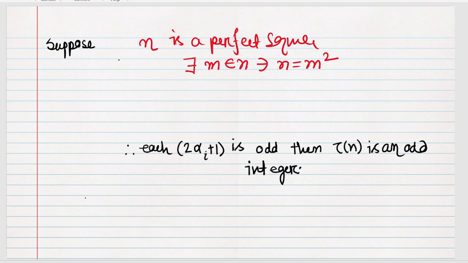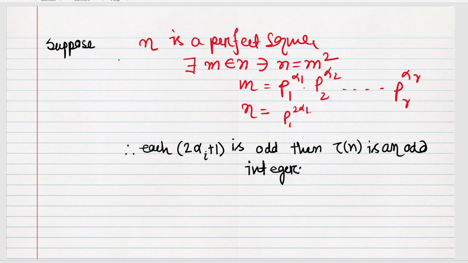If we write the prime factorization of m, which is m equals p1^alpha1 p2^alpha2 ... pr^alphar, then our n equals p1^(2 alpha1) p2^(2 alpha2) ... pr^(2 alphar), because n is a perfect square.